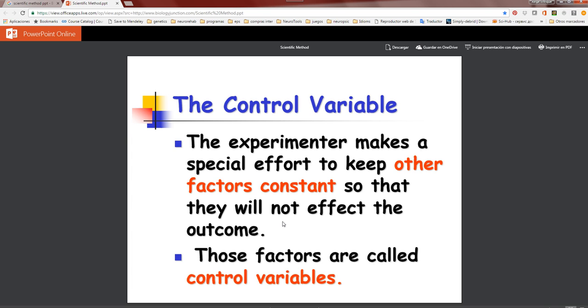For example, if you are going to observe the effect of temperature on the conditions of an ecosystem, the variable that you can change is going to be the temperature. It's the one that you are going to manipulate. That's the control or independent variable.